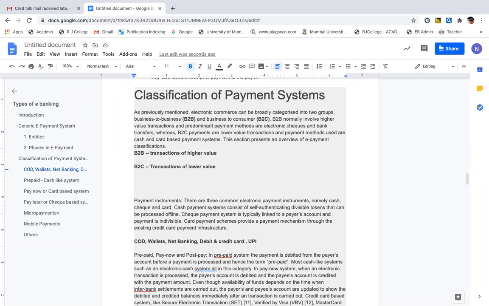Then debit and credit card, your plastic money, wherein you key in your debit card details, your date of expiry, name on the card, and then your CVV number. You key it in and keep it, and once you click on that, it gets registered. Later, when you say you want to pay through debit card, it is going to ask you for the CVV number, right?